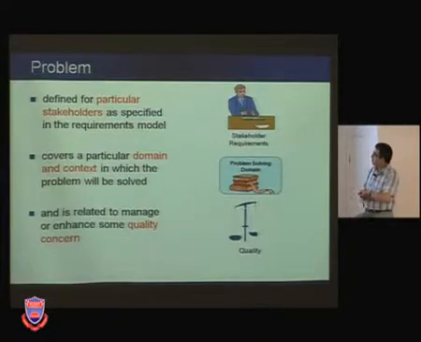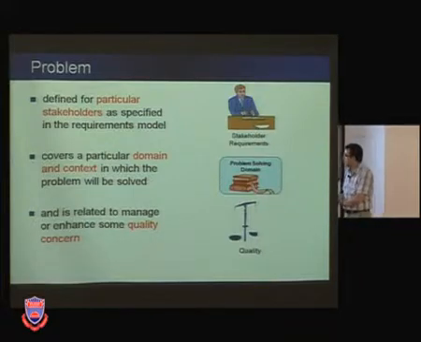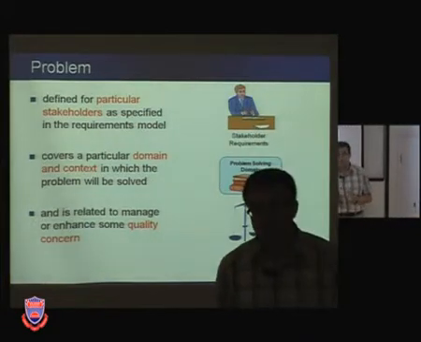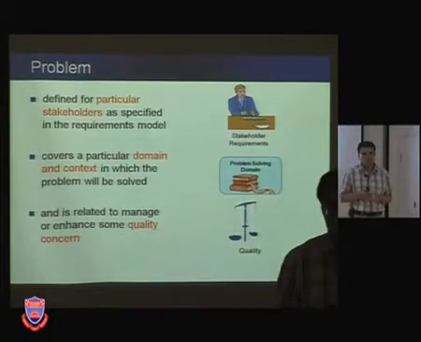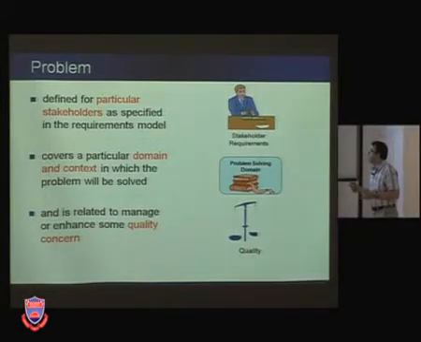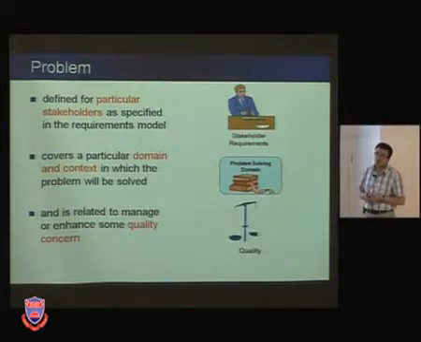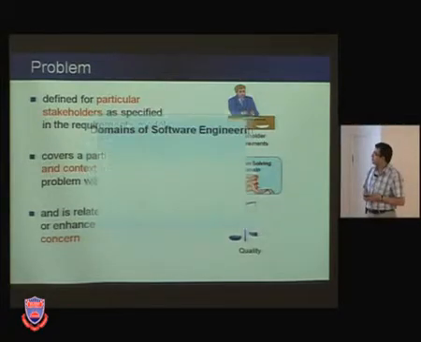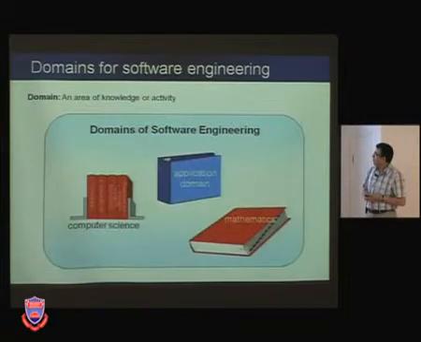A problem is defined for particular stakeholders as specified in the requirements model. It covers a particular domain and context, and is related to managing or enhancing some quality concern. So it is for stakeholders, for some domain, and for quality. These are actually the three categories that we will look at to define the essential problems. We have seen these were the domains of software engineering: application domain, mathematics, computer science.